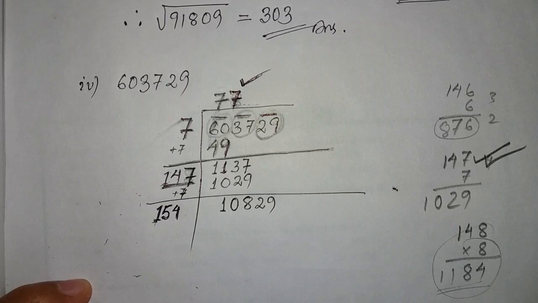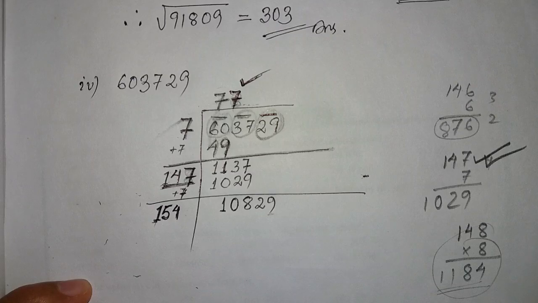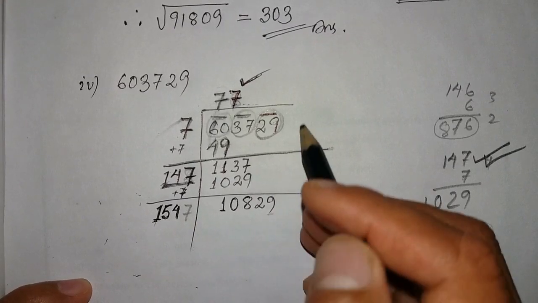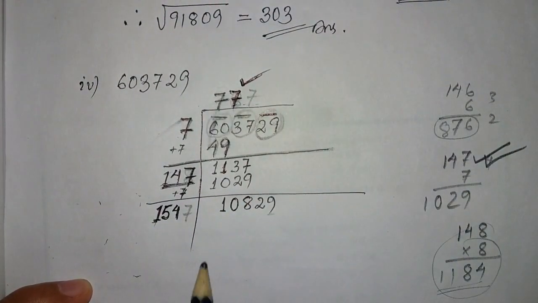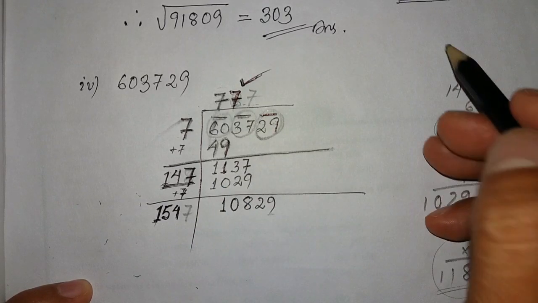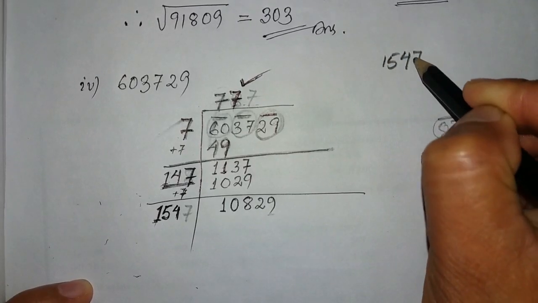So now the last digit is 9. So let's try with 7 again, because 7 sevens are 49. So if we write 7 here, then we have to write 7 here. So let's try this 1547 into 7.